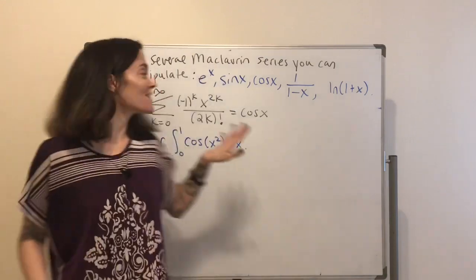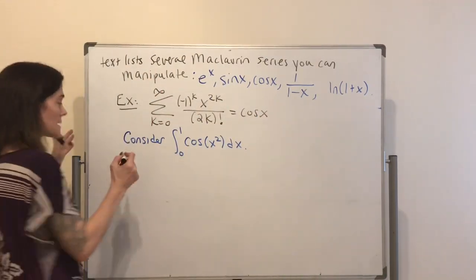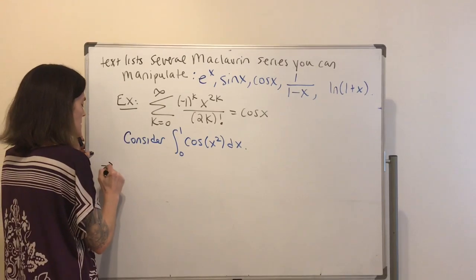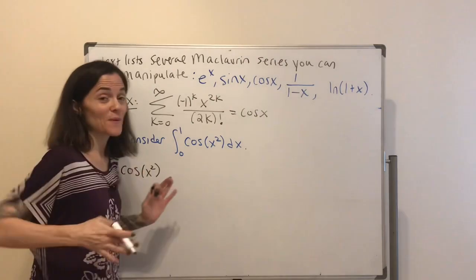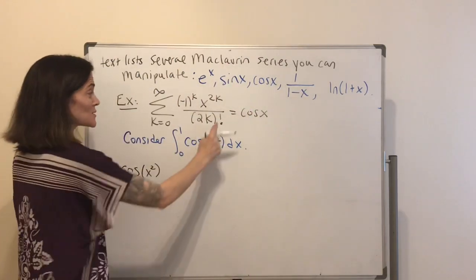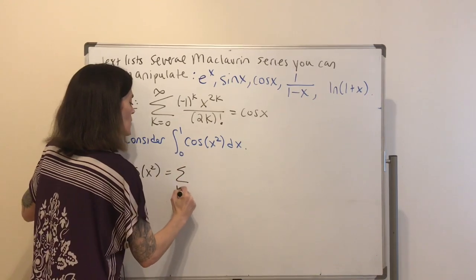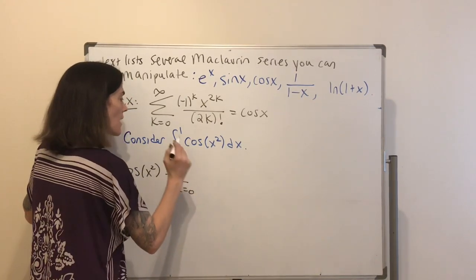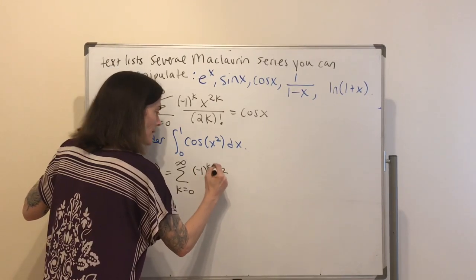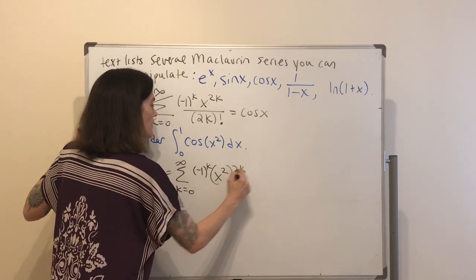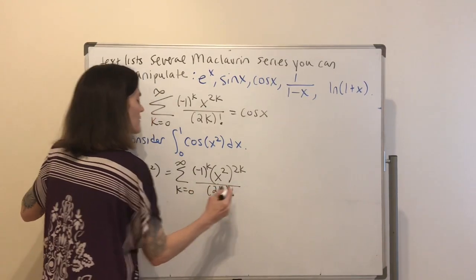Well, here is the Maclaurin series for cosine of x. This means that for the cosine of x squared, we just compose. So I put in x squared for x. This is a sum k equals 0 to infinity of (-1) to the k, (x squared) to the 2k, over 2k factorial.